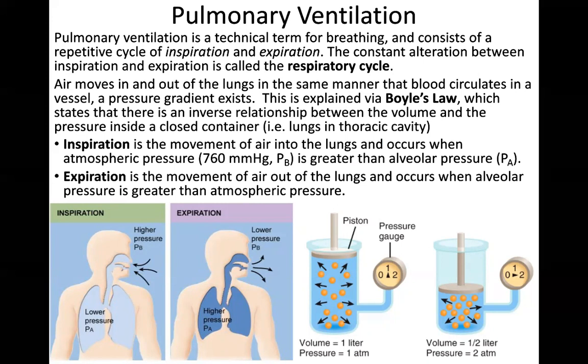The same effect is going to affect the flow of air in and out of our lungs, except our lungs are a closed container, like this jar with a piston on top closing it off. A closed container puts another wrench in the system.